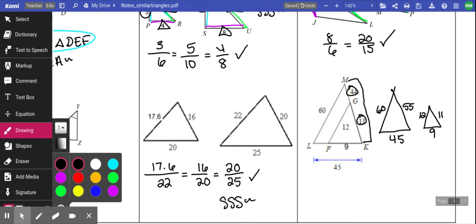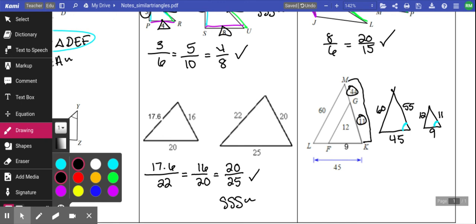Now you might say, well, I know all the sides, I could use side, side, side similarity. And you could. You could check to see if all of these are proportional right now. But I do want to point out that angle K on both of these, because they share this angle, are congruent. So really we could just check two.